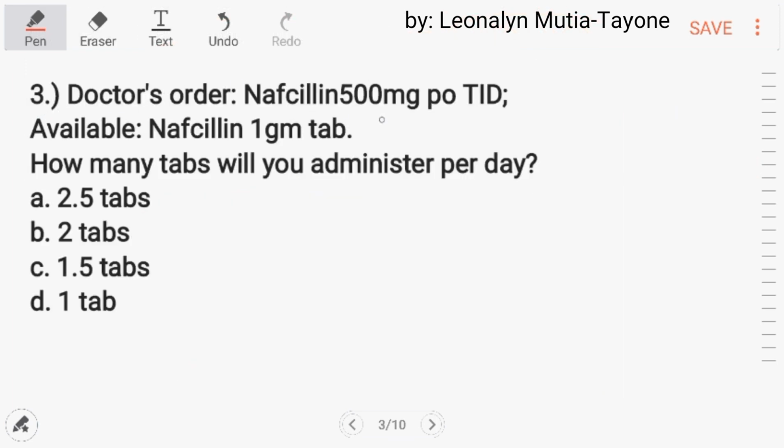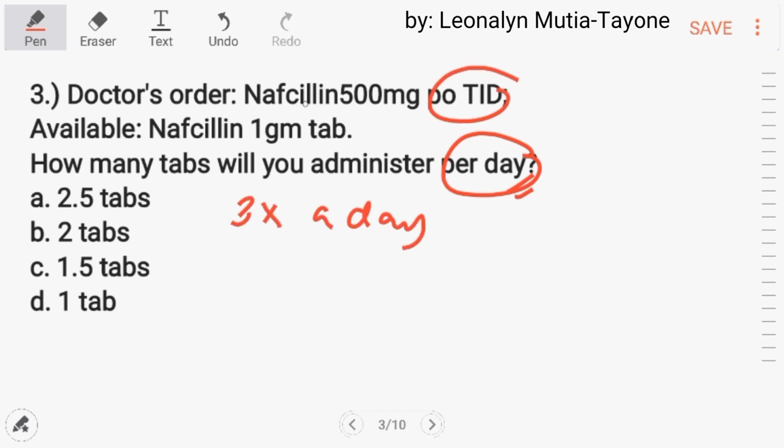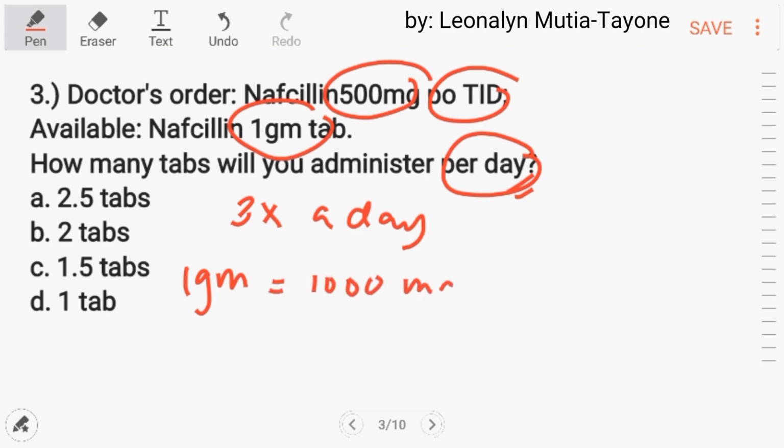Number 3. Doctor's order: Nafcillin 500 milligram PO TID. Available: Nafcillin 1 gram tablet. How many tablets will you administer per day? So consider the question, per day. The order is TID, that means 3 times a day. So in each dose, 500 milligram, you have available 1 gram, and 1 gram is equivalent to 1,000 milligram.